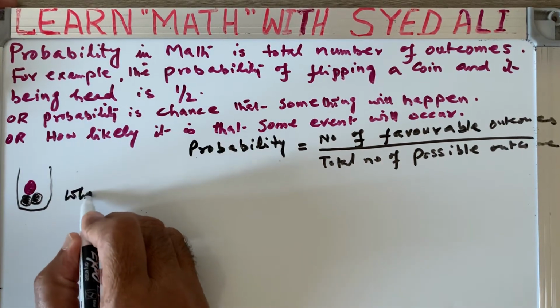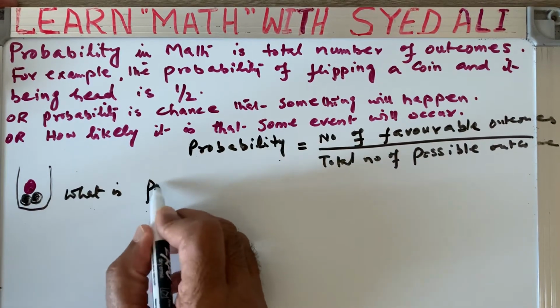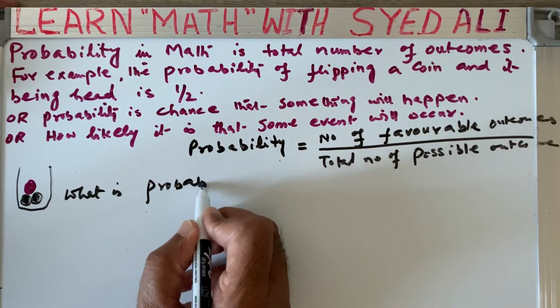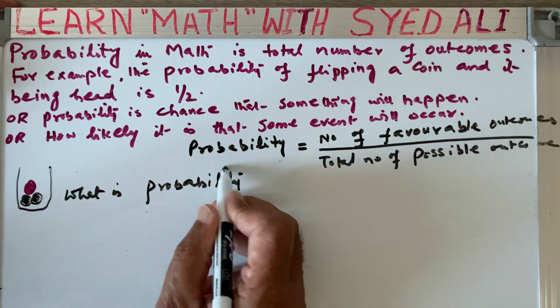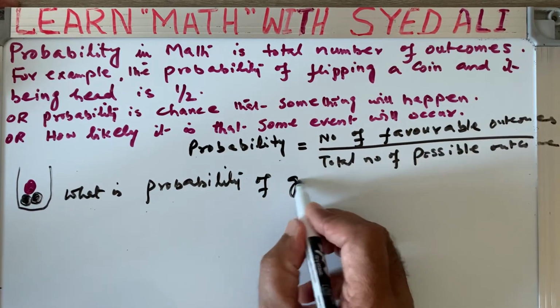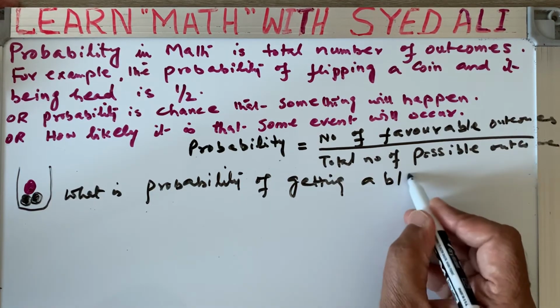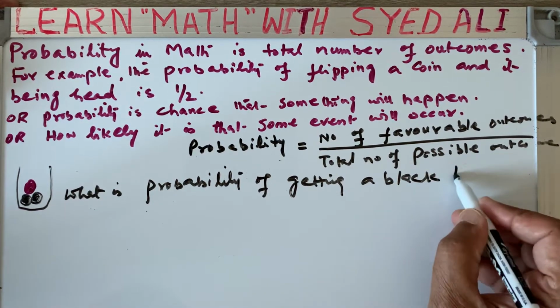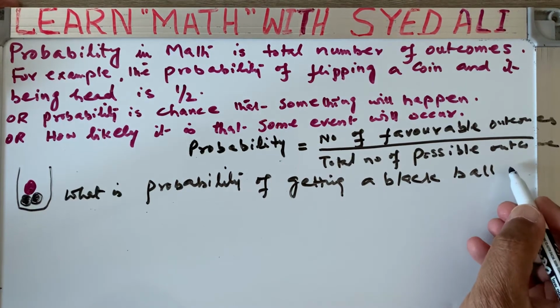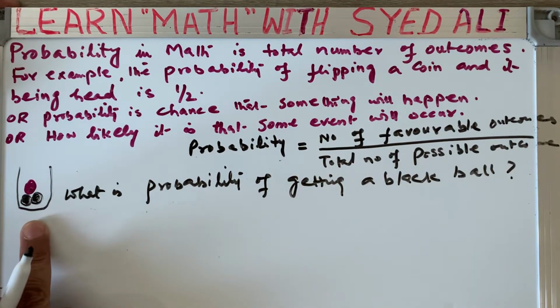So what is the question? What is the probability of getting a black ball from this container?